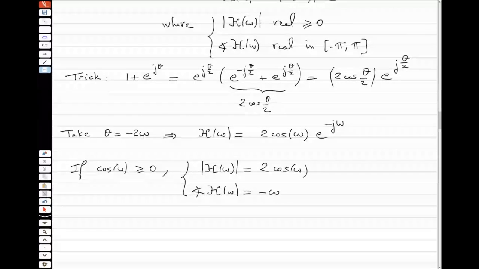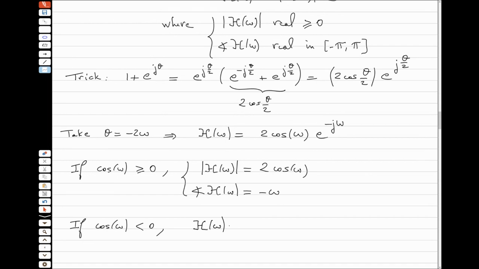But what if cosine of omega is negative? You cannot say that. You cannot write this, because then you write something positive equals something negative, and then you get shot. No, actually, you don't get shot. You commit suicide. All right. So how do we solve this? I'm going to cheat.